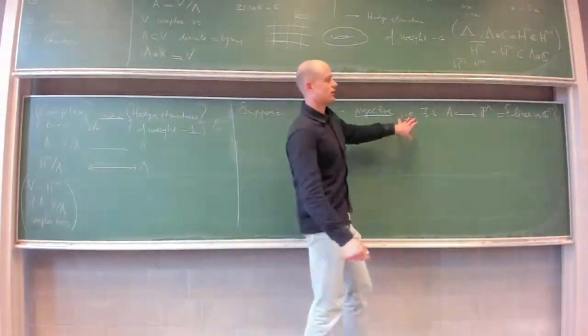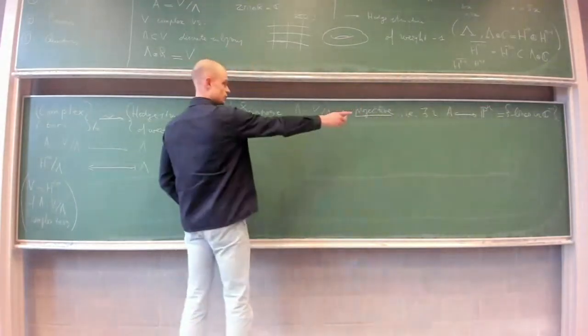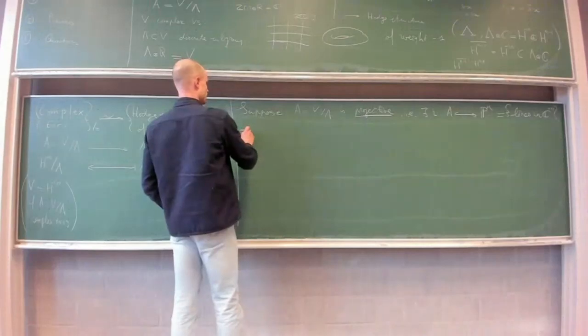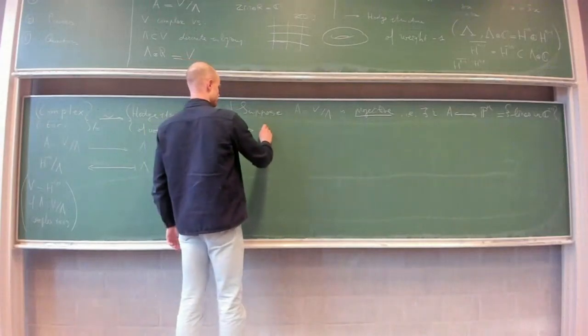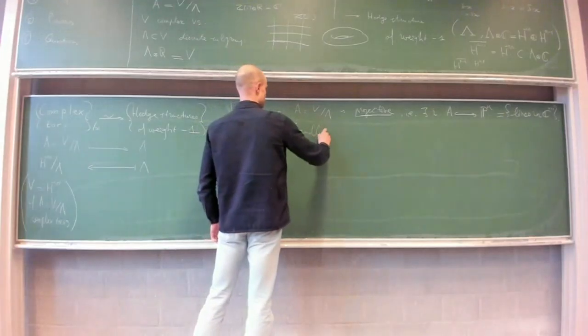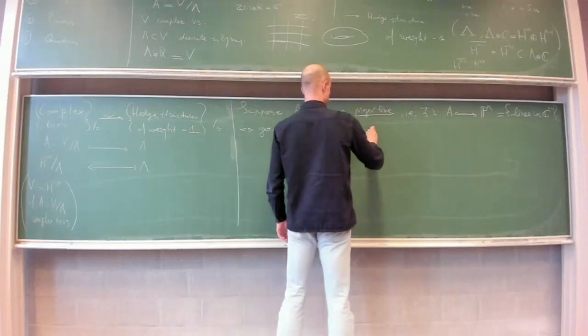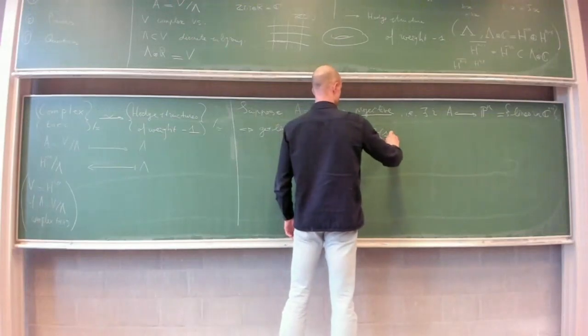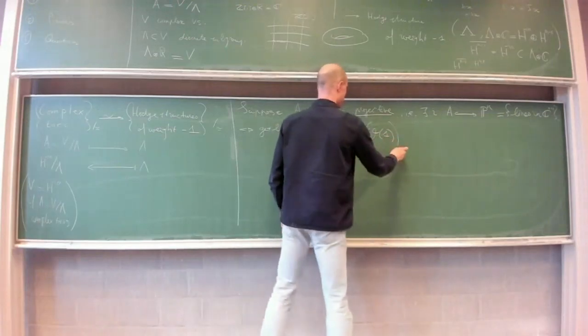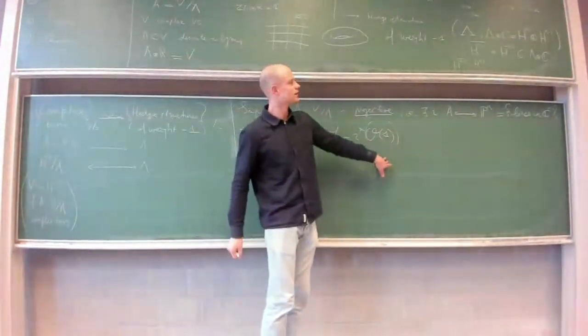So projective complex tori are exactly these, and then suppose that we have this, then we get a line bundle L defined as the pullback of O of 1. But then I need to say what O of 1 is.